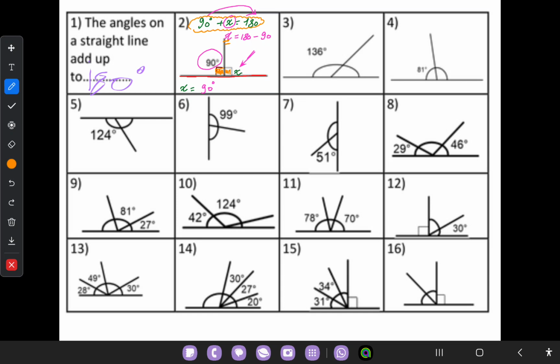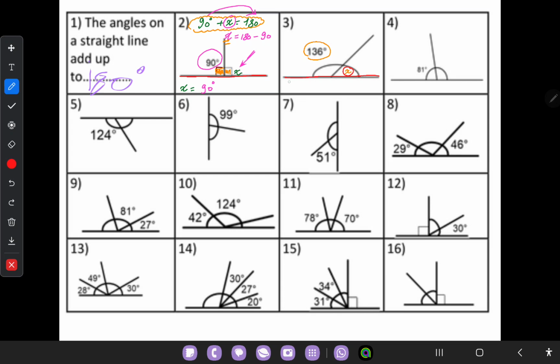Yes, very good. The next one, here we have two adjacent angles, angle 136 degrees, and the other angle is unknown. So we can label it any letter, x, y, z, anything. So we can label it x, and we know that these two adjacent angles, x and angle 136, add up to 180.